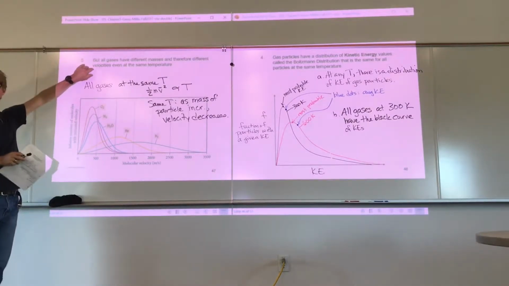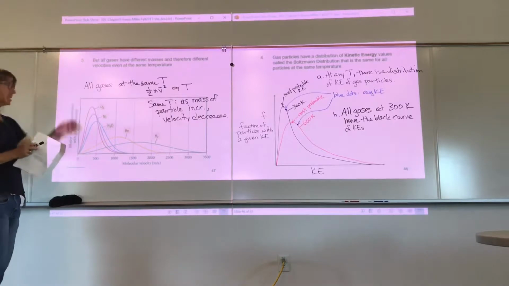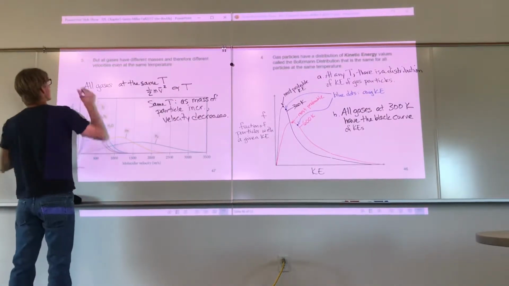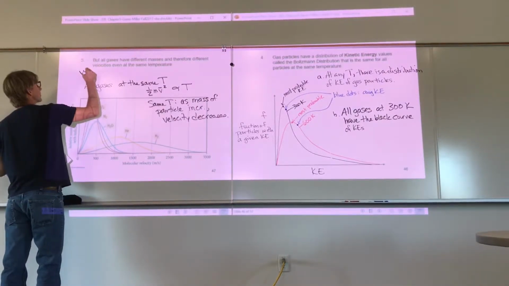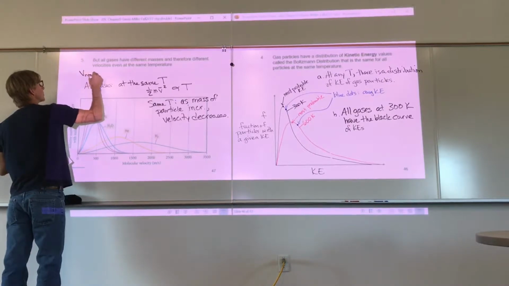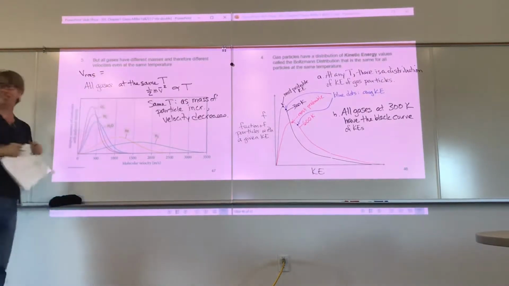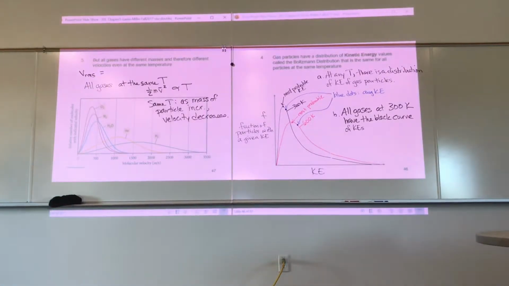Up here, now it's time for me to give you the equation for the velocity. The velocity that we calculate is called the V sub RMS. That is going to be the root mean square velocity.